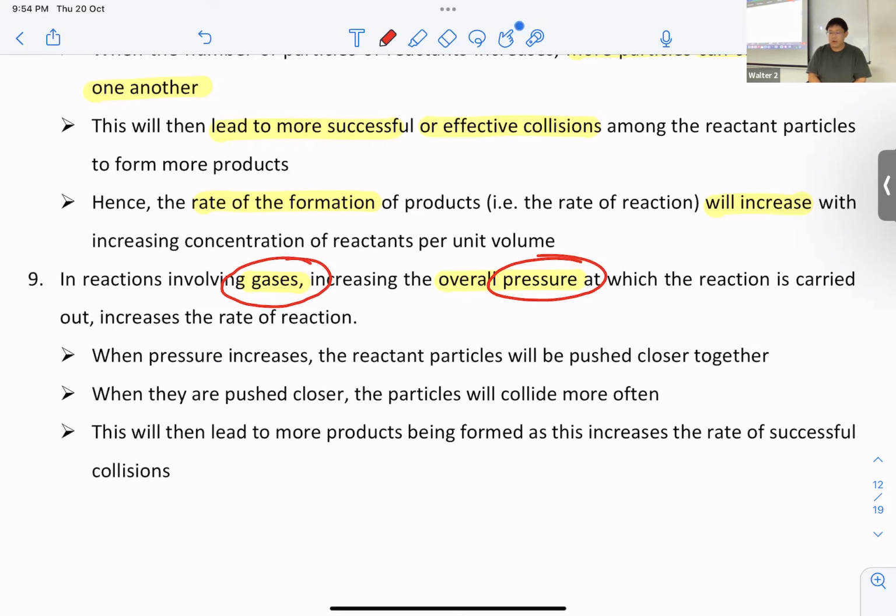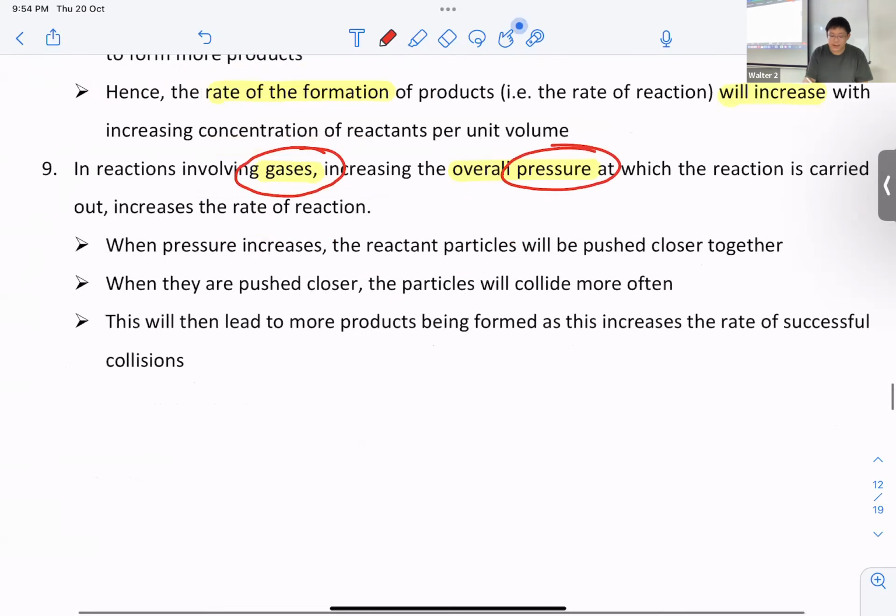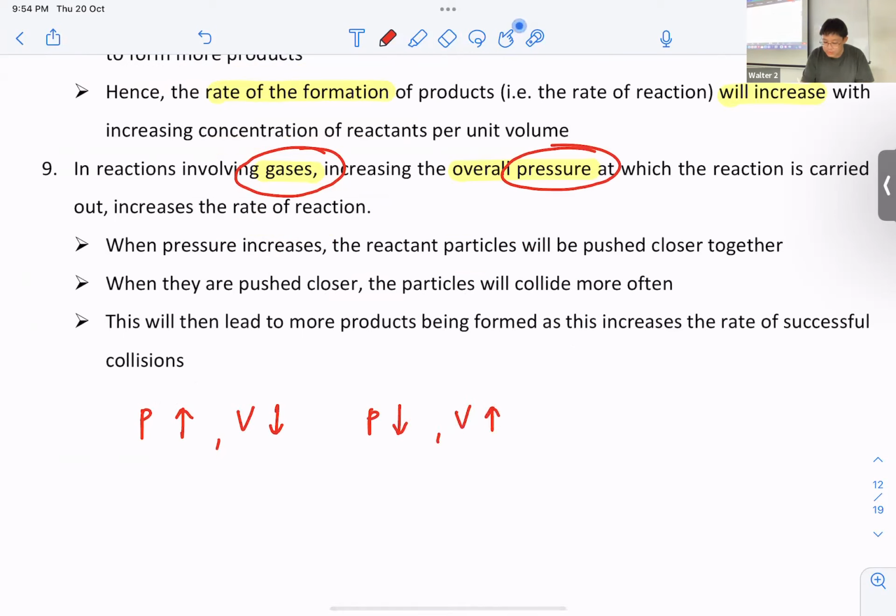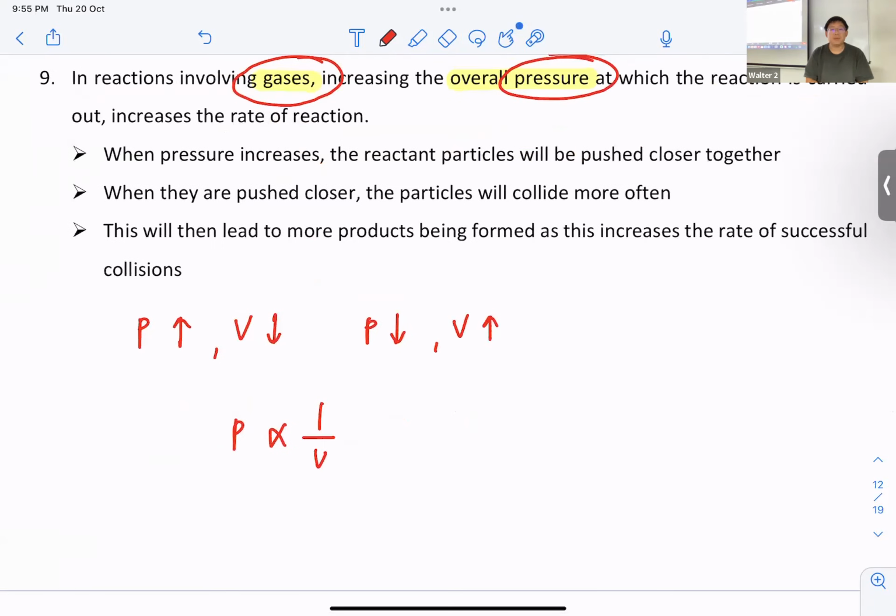Okay, now, very easy to understand. When pressure increases, volume decreases. When pressure drops, volume increases. We said that pressure is inversely proportional to volume, correct? Make sense?